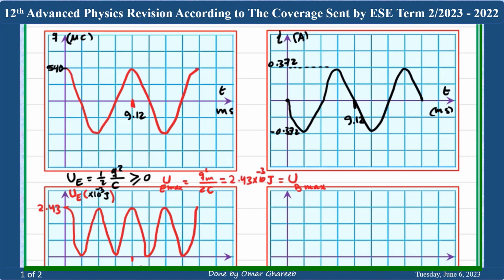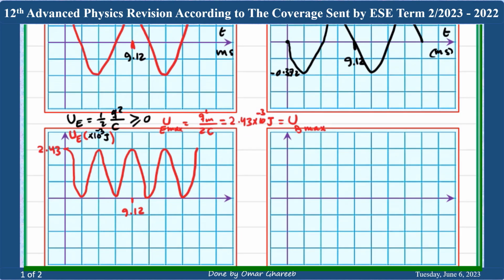magnetic energy. So if you want to draw the magnetic energy, you will start from 0 as its current starts from 0. It will go from 0 to a maximum, then 0 again, maximum, and so on for the first cycle, then for the second cycle, and so on.